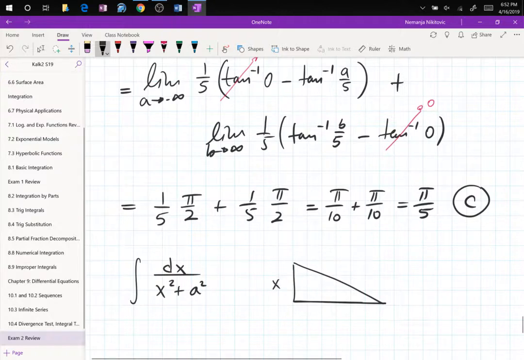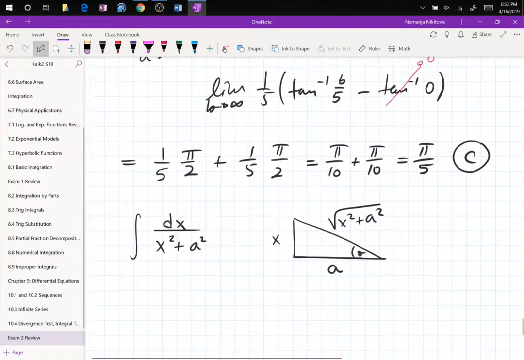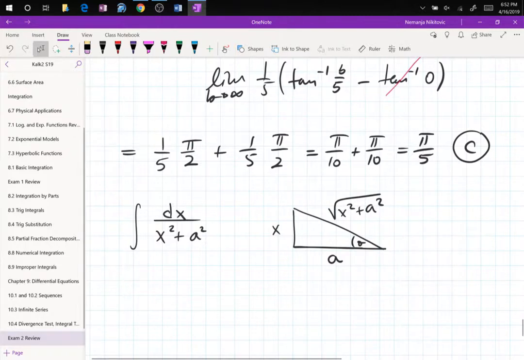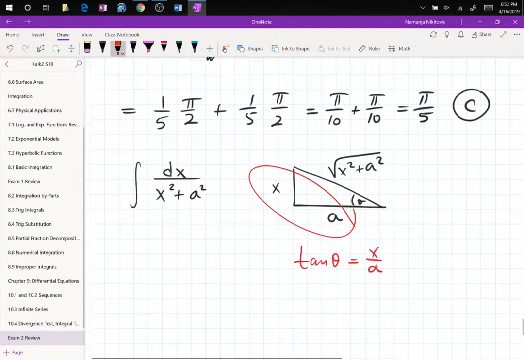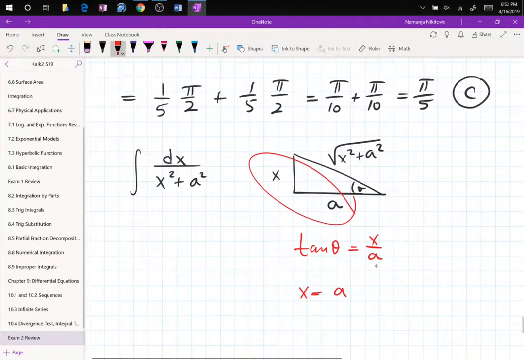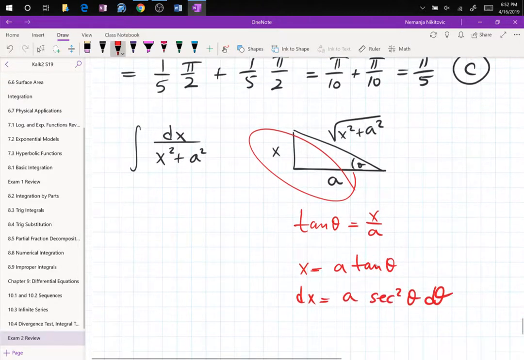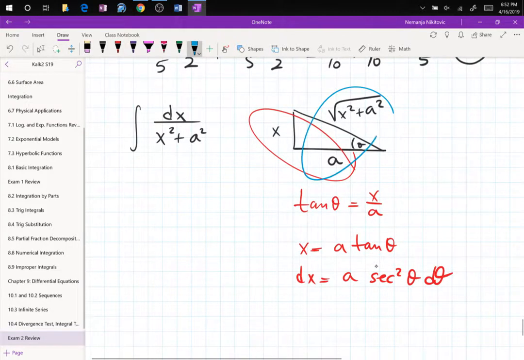So this is going to be my x, this is going to be a, and this is the square root of x squared plus a squared. This is how we actually solve the mathematical formulas. Remember that we are supposed to circle towards the number. So we have that tangent theta is x over a, from where x is a tangent theta, and dx is a secant squared theta d theta.